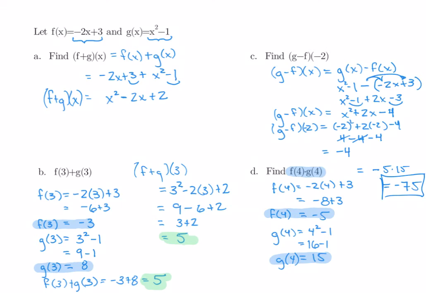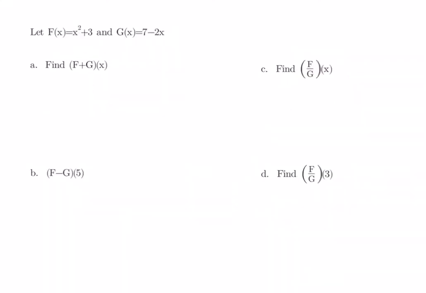All right, let's try a couple other examples just to make sure that we got it. We got some new function definitions. So for f plus g of x, same thing. The first thing I want to do is start by adding my functions.